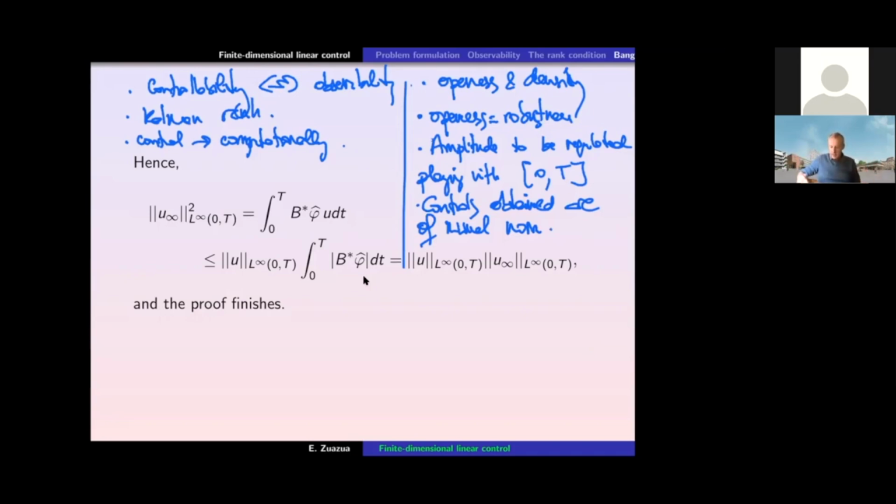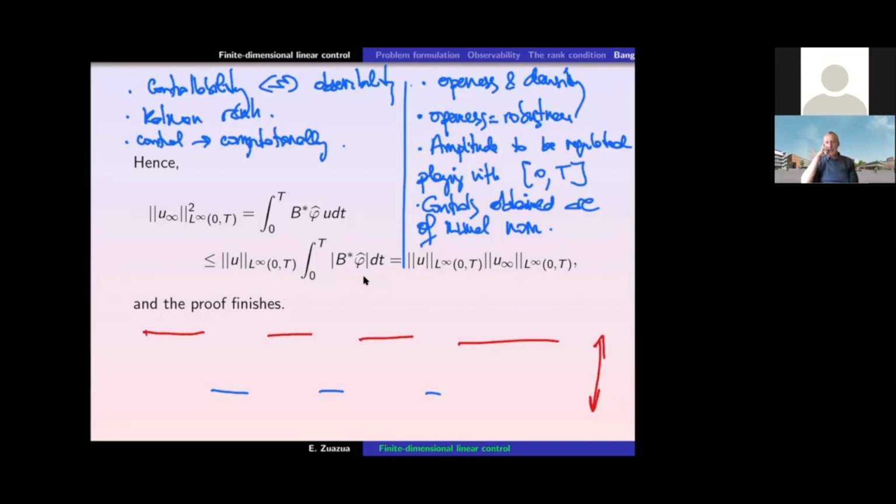Of course, as I have said, the optimality of the norm has to be interpreted in each case, in the corresponding setting: L2 in one case, and L infinity in the other. So in particular, you have seen that the control of bang-bang norm is minimal in L infinity.